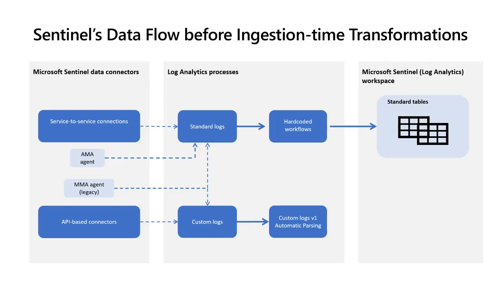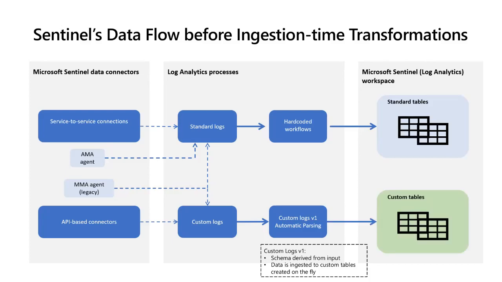So the Log Analytics engine was responsible to actually assign a type for each of the different fields that were pushed into the Sentinel workspace. And the data was ingested always into our custom tables. If you remember, all those custom tables in Log Analytics have the _CL suffix at the end of them, right? So this is how the different workflows work in Log Analytics.